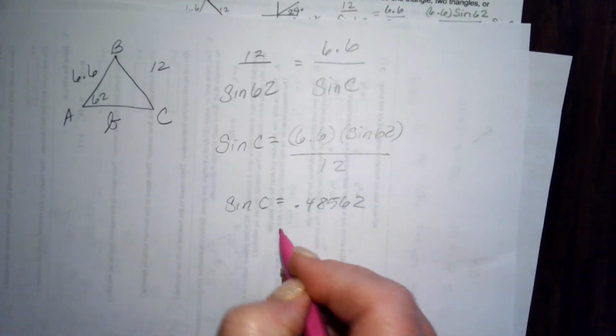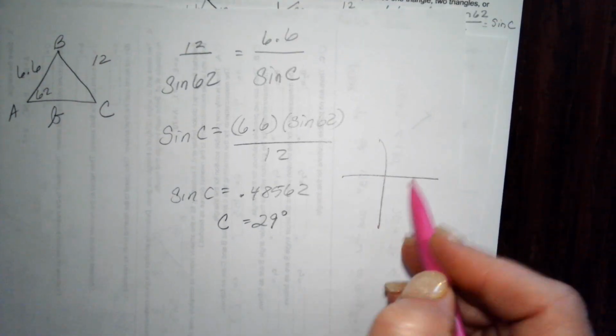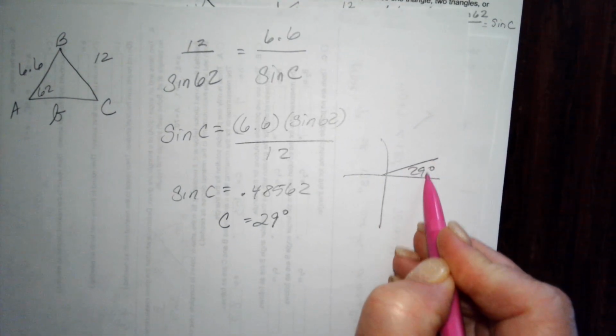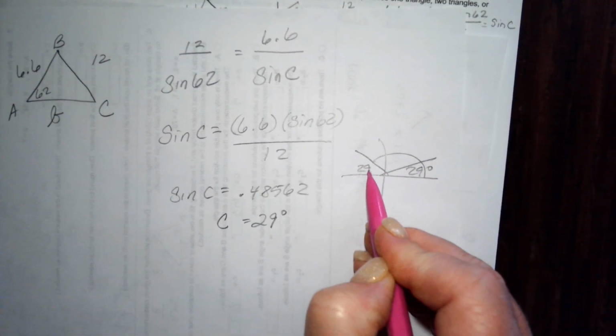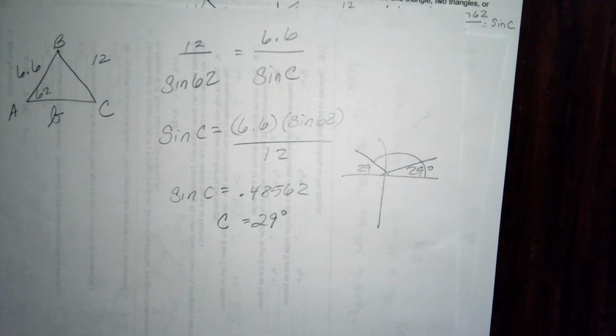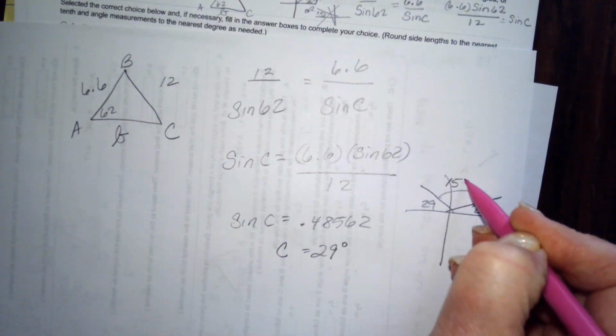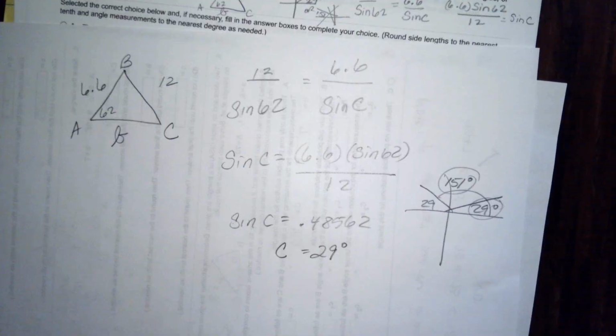So I'm going to get an angle of 29 degrees. Okay, so we're going to talk about the same thing. Could be this angle, could be this angle. And 180 minus 29 is 151. So these are my two options.